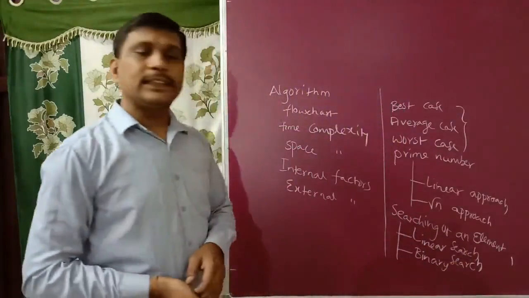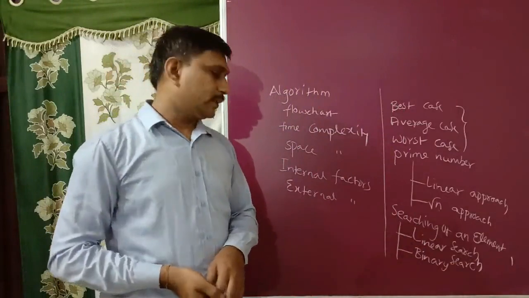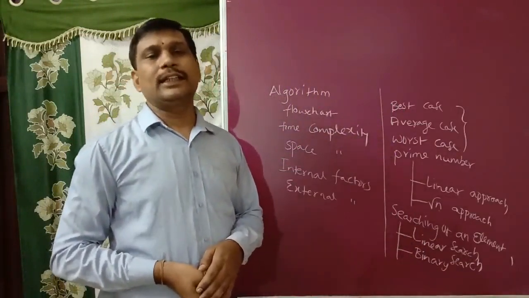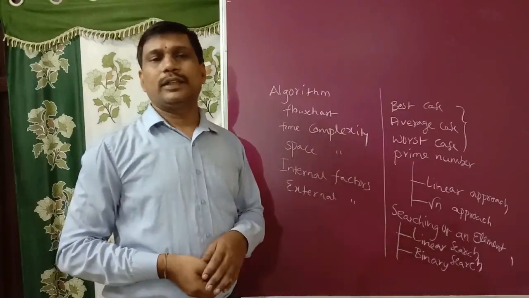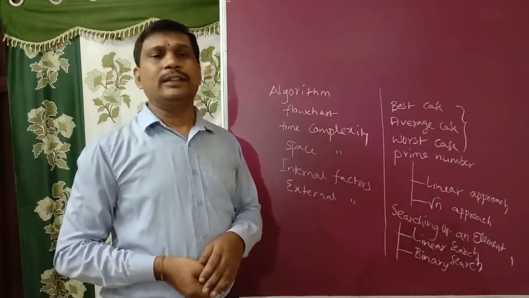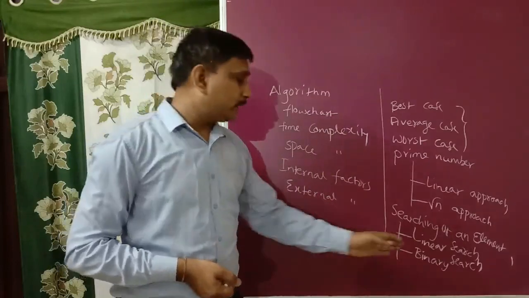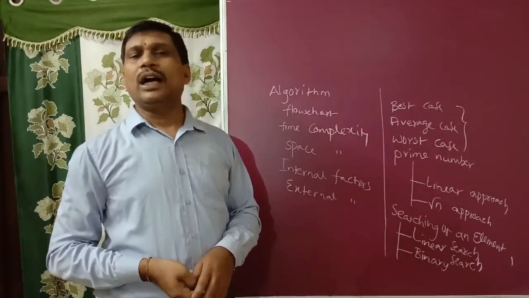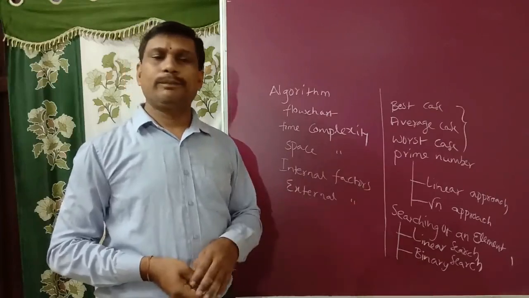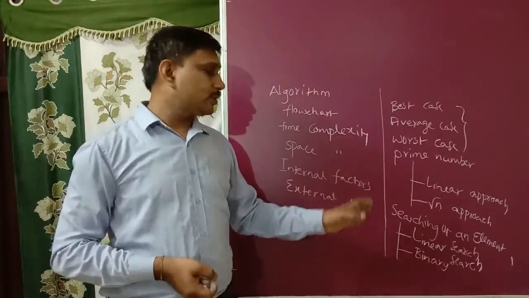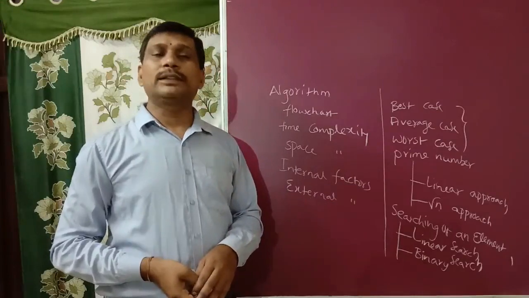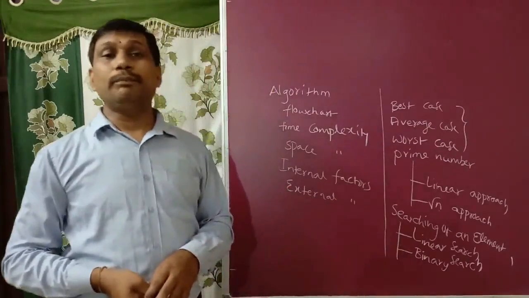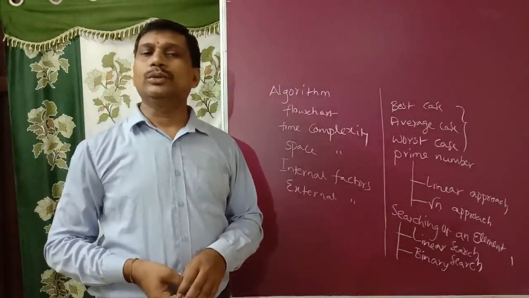In linear search, the time complexity is n. In binary search, the time complexity is n by 2. Then we compare these two time complexities. Which one is the best one? Binary search, with complexity n by 2.